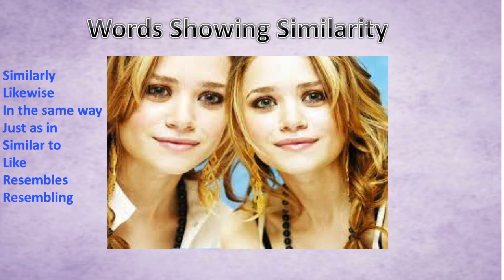Words like similar, likewise, in the same way, just as, similar to, like, resembles. So that way you can mix it up. These are also in some slides on Twen, and you'll see these words a lot in the examples and the example memos in course materials on Twen.